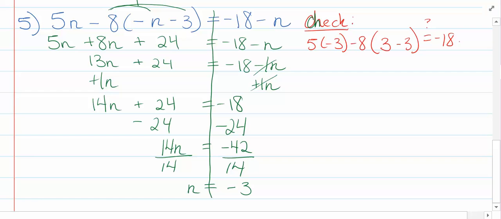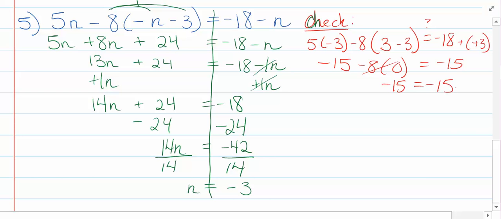And again, minus negative 3. You're going to see that just becomes plus. Okay, 5 times negative 3 is negative 15. And we have minus 8 in parentheses is 0. Negative 18 plus 3 is negative 15. Negative 8 times 0 is just 0. So negative 15 does equal negative 15. So it looks like my answer is correct.